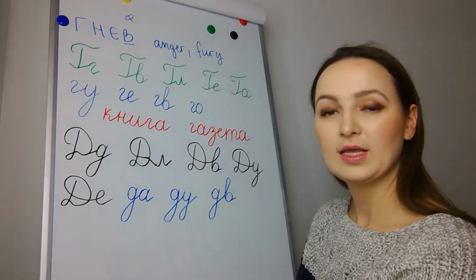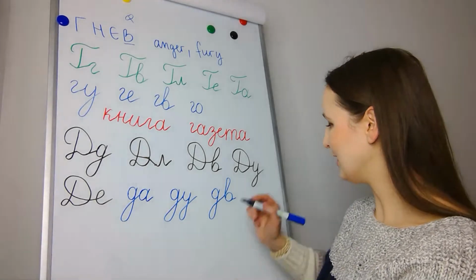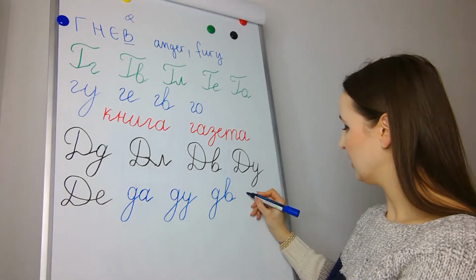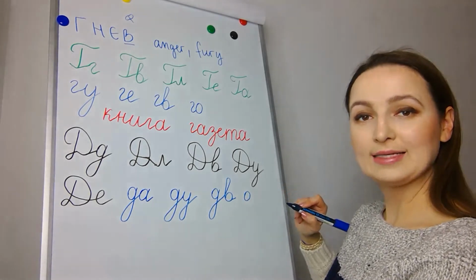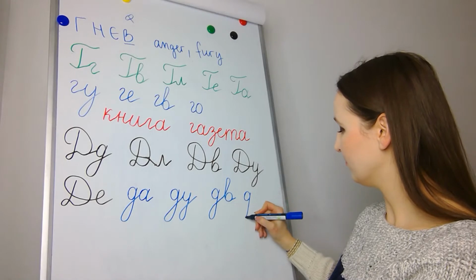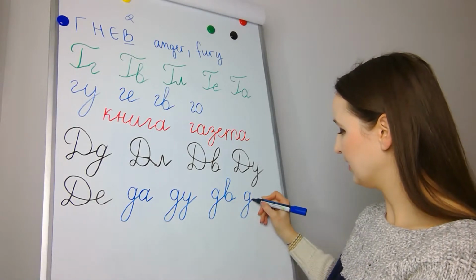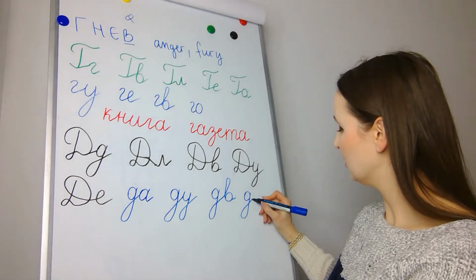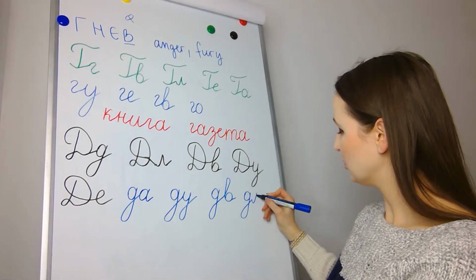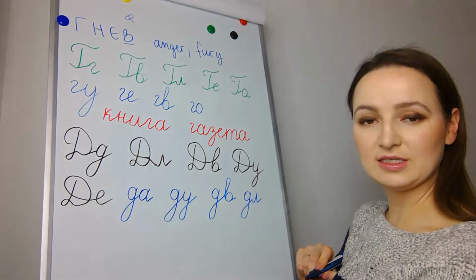And now let's connect d with l. Let's write d, first o, and then add a leg. And the l letter, dl. It's very easy to write. L is easy.